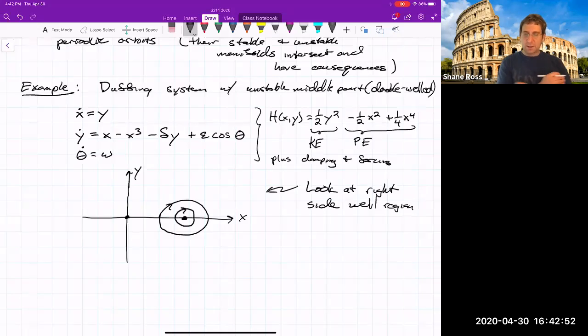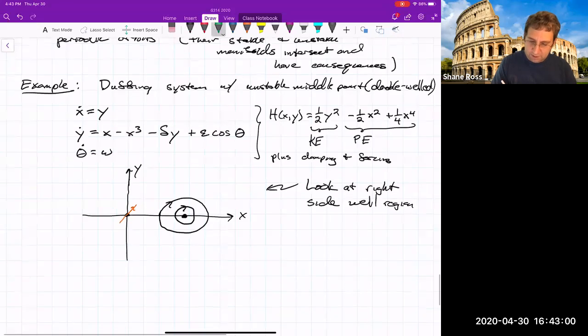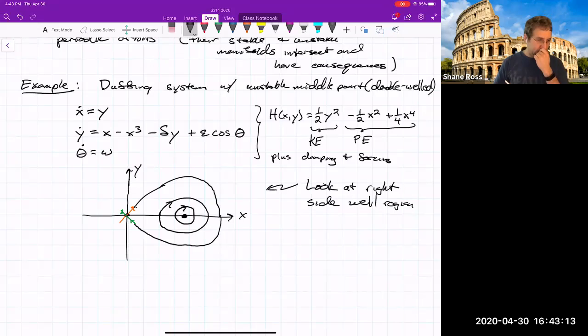The origin is an unstable point. Coming out of it there's an unstable and a stable direction, but I'll just plot it black because they meet up. The stable is the unstable. The snake swallows its own tail.